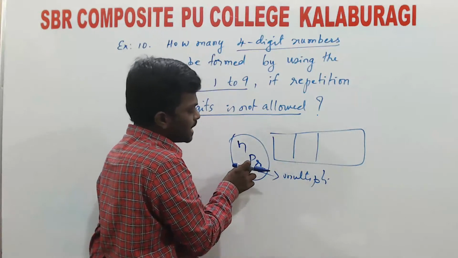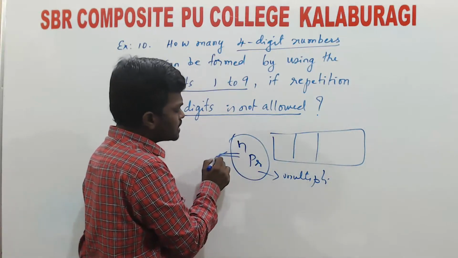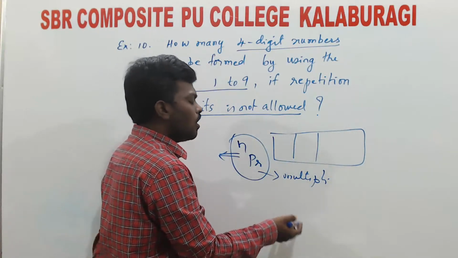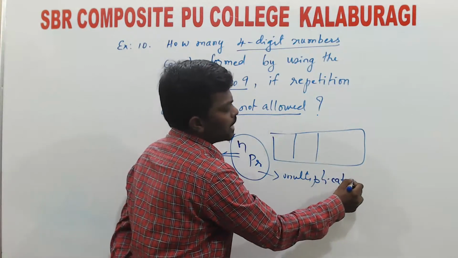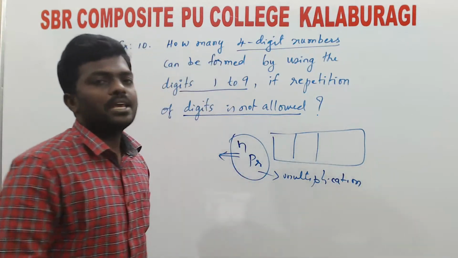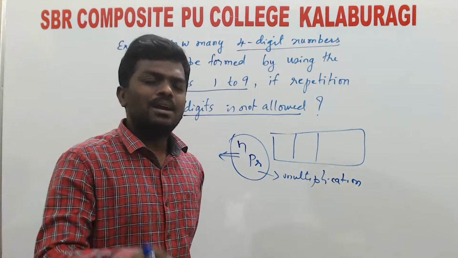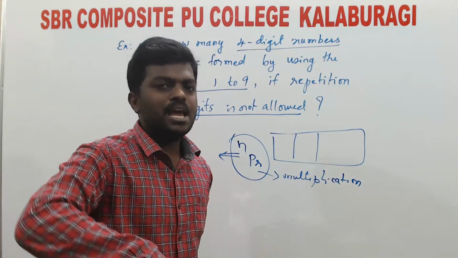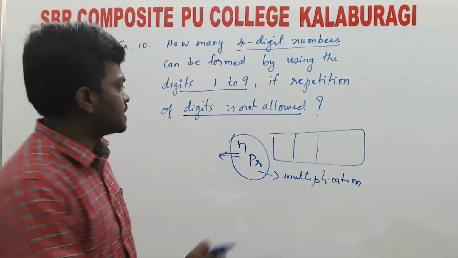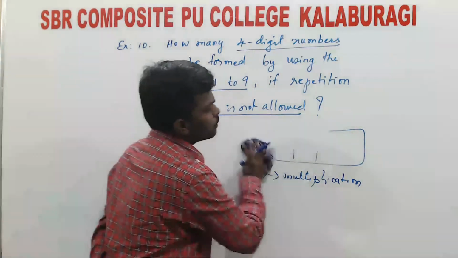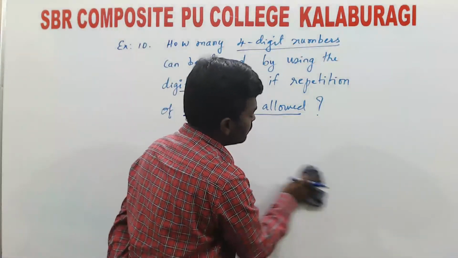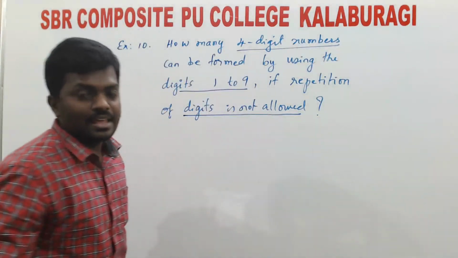Now we shall see how we use the formula, which we have understood in the multiplication principle also. So the multiplication principle and nPr are both one and the same, but we need a formula, so we derived it.